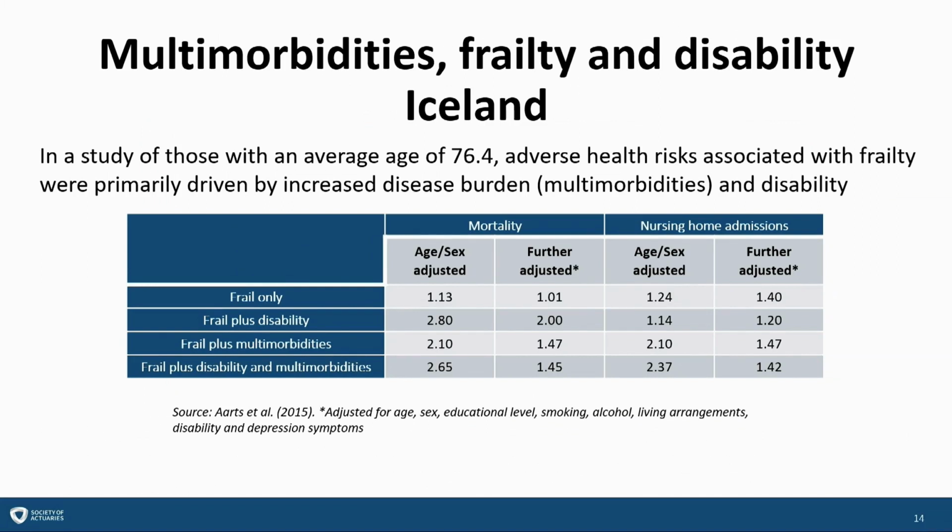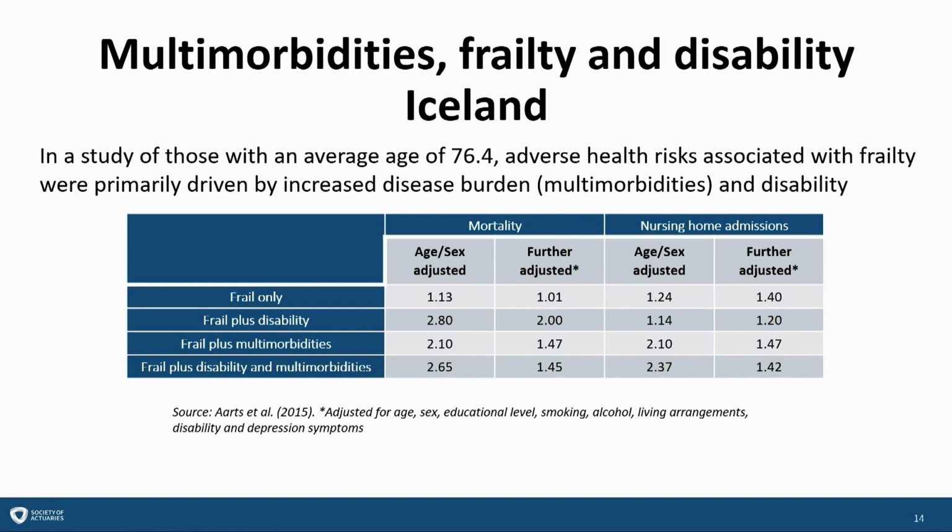In Iceland, there was a study done a couple of years ago of individuals with an average age of 76. That's the more, I was going to say elderly population, but I hesitate to use that anymore.